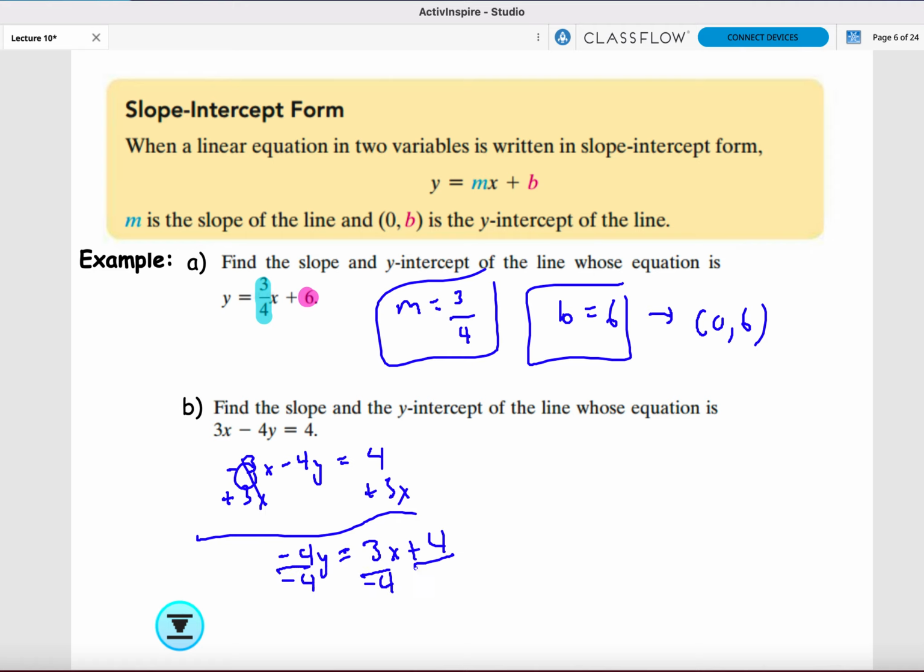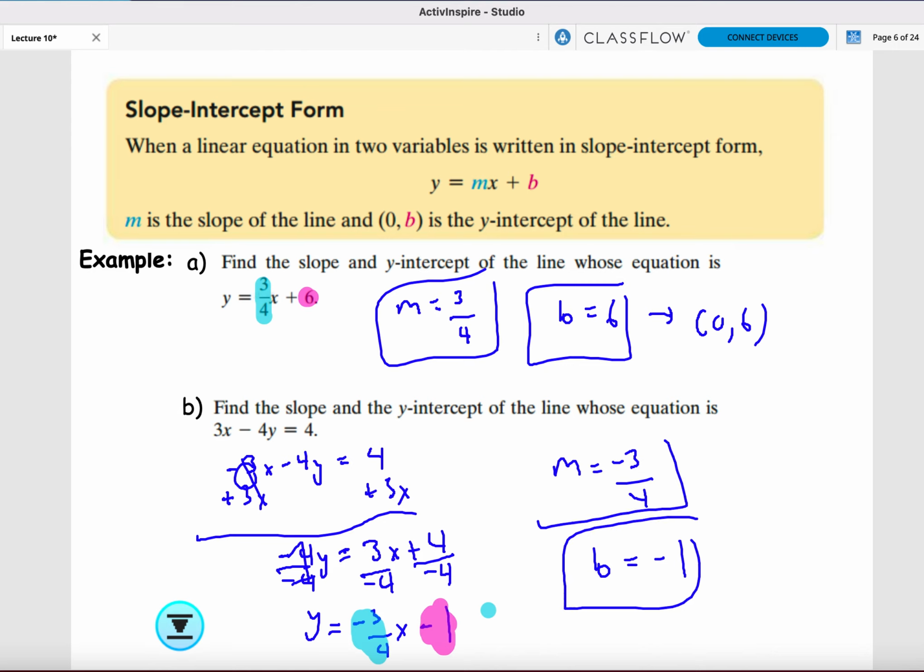That means everything here gets divided by negative 4. This becomes a 1. So it's y equals 3/4 x, and then 4 divided by negative 4 is just negative 1. Now that we did that, we're able to tell what the slope is right here, and the intercept is right here, negative 1. So we can say m equals 3/4 and b equals negative 1. And we're done. So try not to overthink this, guys.